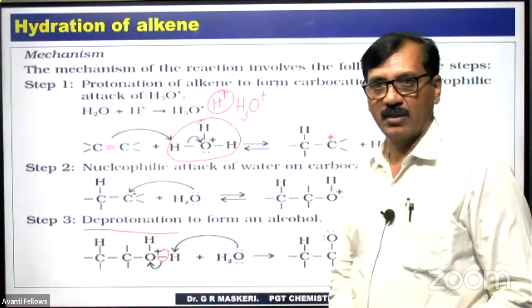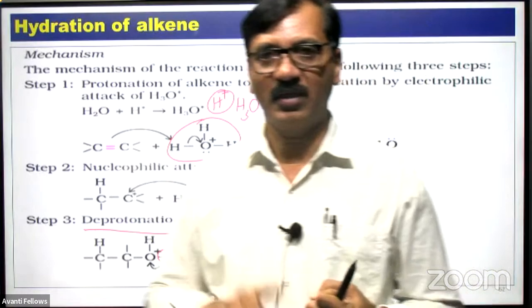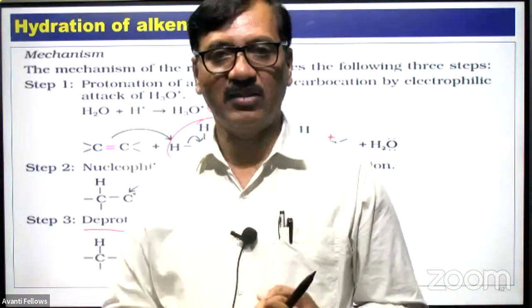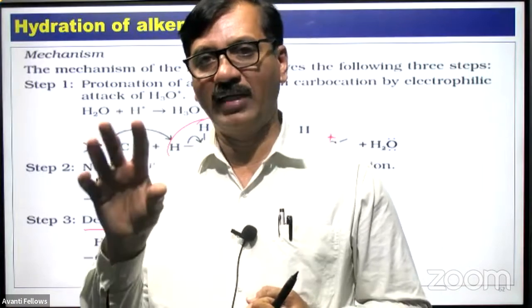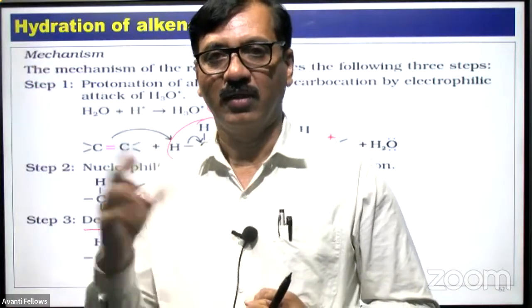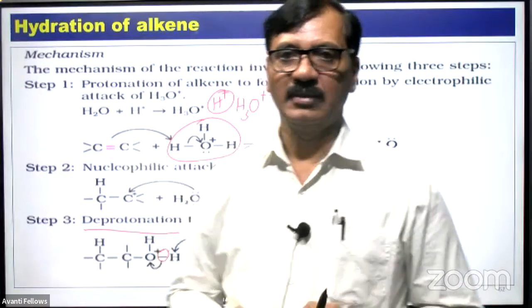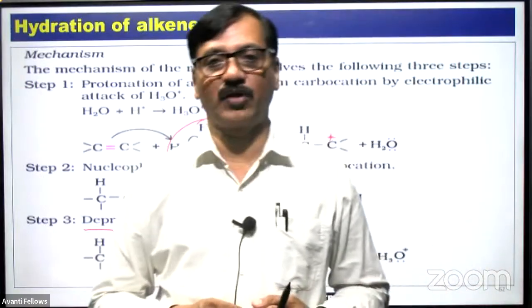In hydration of alkene, the first step is protonation of alkene. The second step is, when protonated, the carbon gets a positive charge, then water attacks. That is called a nucleophilic attack of water. And the third step is deprotonation.